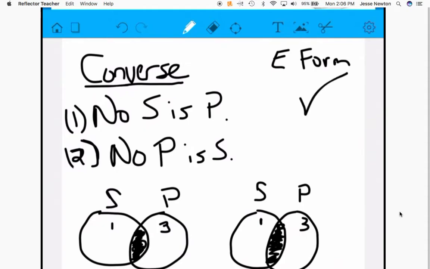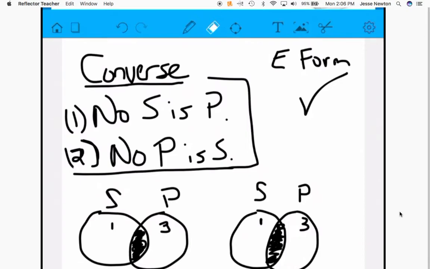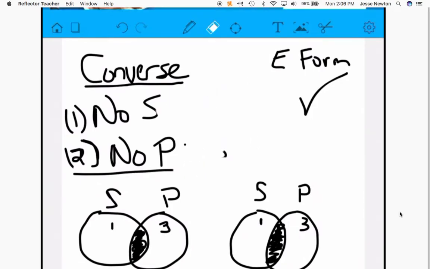We say that the converse of an E-form proposition is logically equivalent. So again, just looking at these, maybe you could just obviously see it and intuit that these are equivalent. But by drawing the Venn diagrams, we can prove without any doubt that these two are equivalent because the diagrams are the exact same.